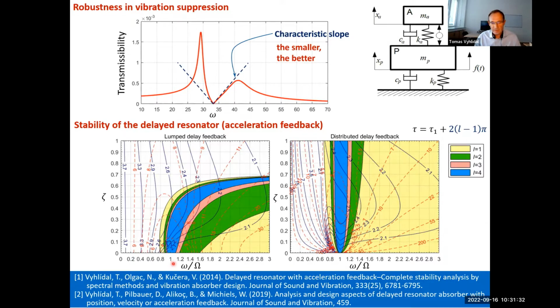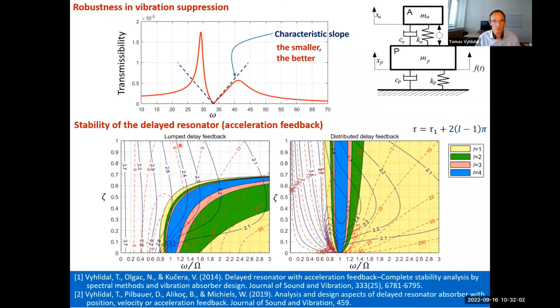If we have an excitation frequency which is smaller than the natural frequency of the passive absorber, we can get unstable behavior. This is seen here in this graph, where the stability regions are shown with respect to the damping of the absorber.